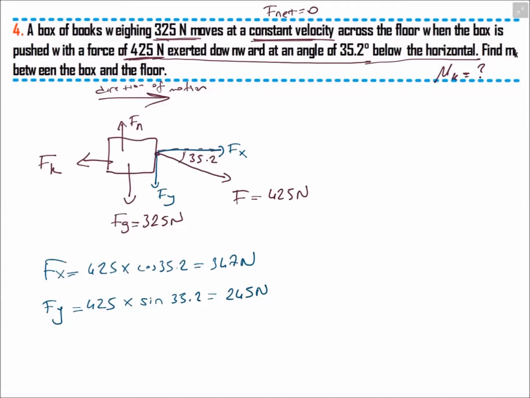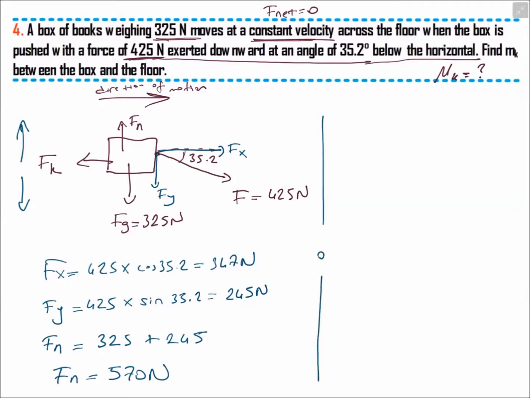And here the upward force must be equal to the downward force. That means Fn will be equal to Fg plus Fy, 325 plus 245. So Fn is going to be 570 Newton.